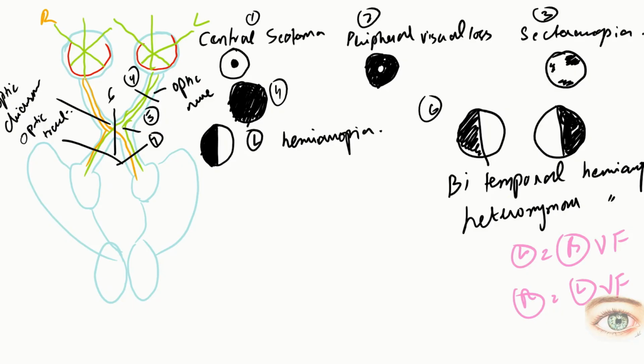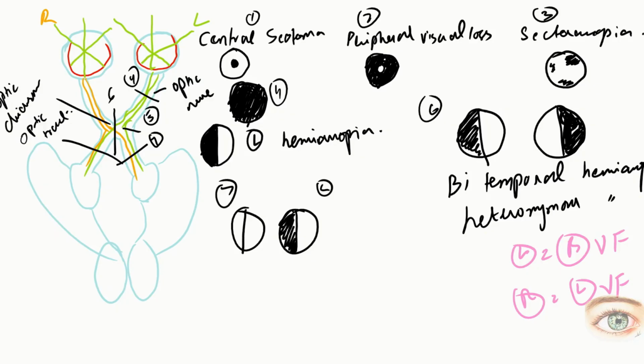Now, how does that happen? Now, at the optic tract, lesion number 7, the nerve fibers of the left eye and the right. The left temporal fibers are damaged, which means that the left eye nasal fibers are going to get damaged, right? The nasal visual field is going to get damaged, right?